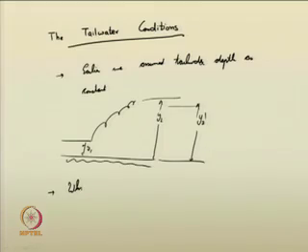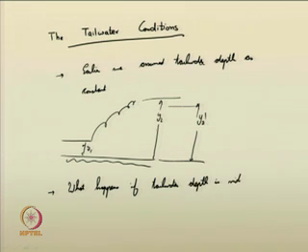So, what I would like to ask is, what happens if the tailwater depth is not constant? It can happen, that is, the tailwater need not be constant always. Based on the discharge available, it can fluctuate.